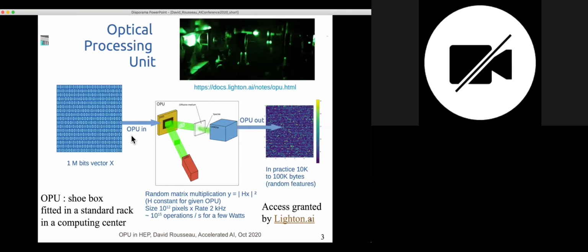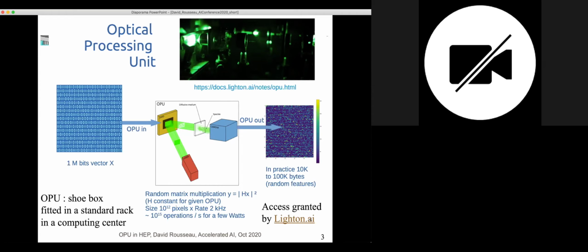One part comes from a standard, well, high-end beamer, which is a laser shining on a matrix of micro mirrors. With the position of the mirrors, you have basically an image with 0 and 1, which is then sent on a diffusive medium, say a layer of paint, and then you have a regular camera behind, which looks at the image of the interference pattern.